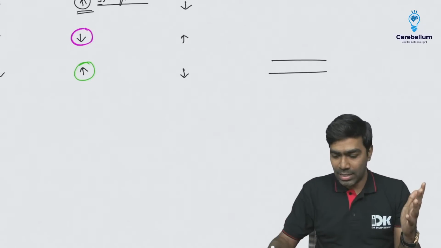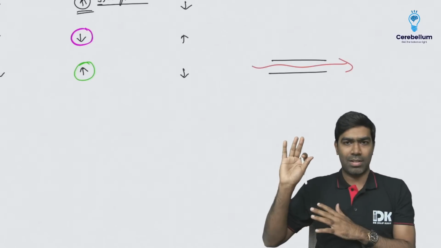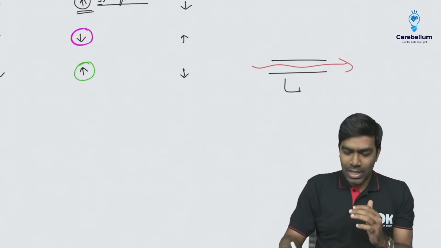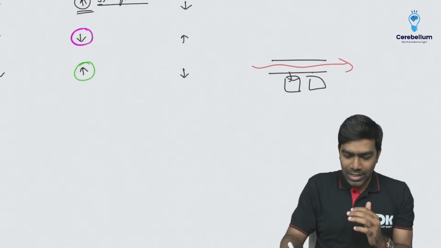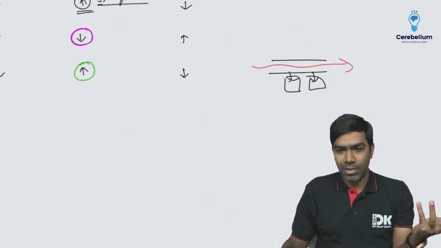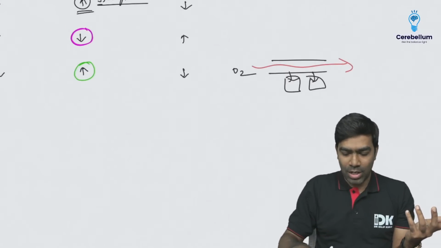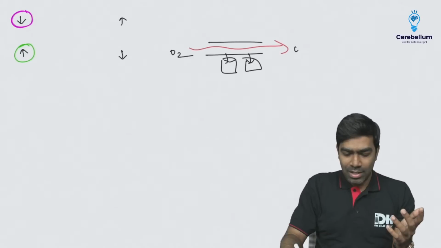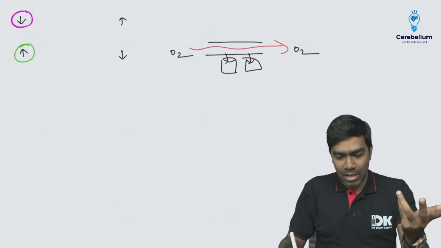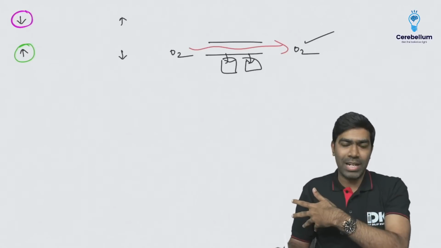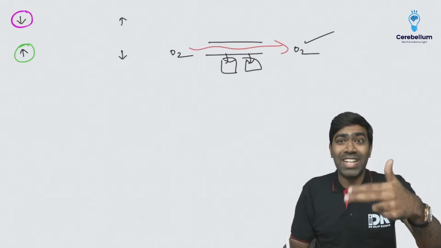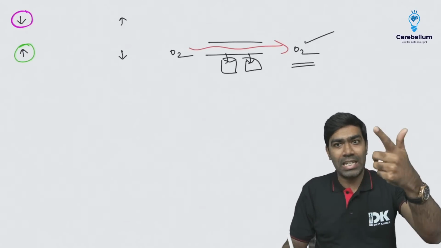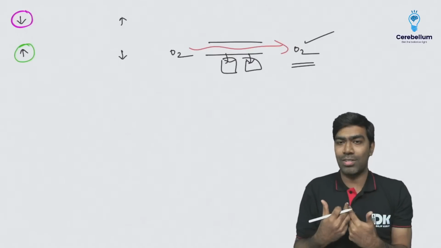Because of vasodilatation, the blood is going to move very fast across the vasculature. So there is no time for the cells to extract oxygen. Whatever oxygen is there on the arterial side is not going to get extracted that much. So a lot of oxygen will go to the venous side also. So the mixed venous oxygen saturation will be increased because the tissues are unable to extract oxygen.